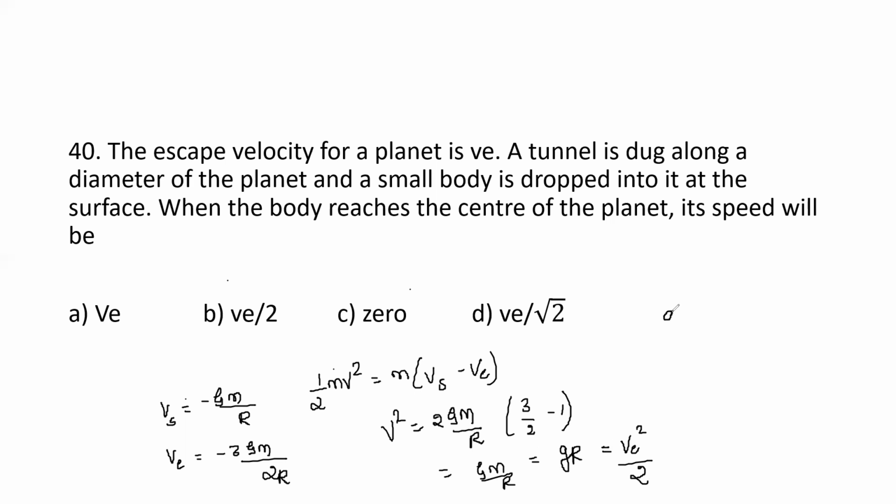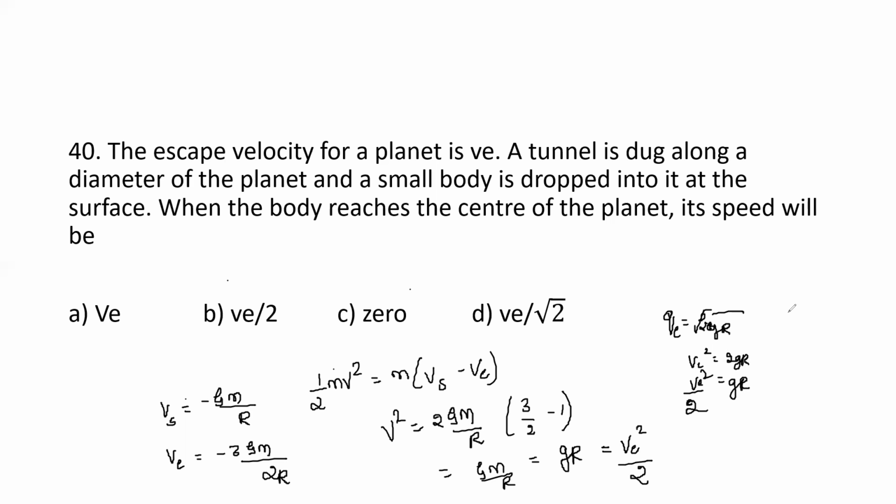Why? Because we know that Ve, the escape velocity, is equal to root of 2gR. Therefore, squaring on both the sides, it becomes Ve square is equal to 2gR. Therefore, gR is equal to Ve square divided by 2.